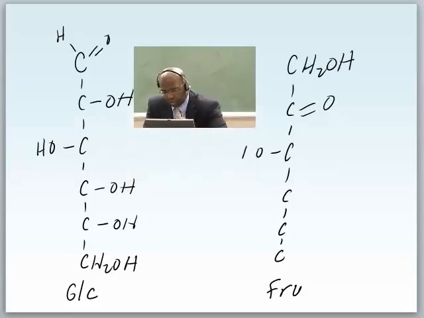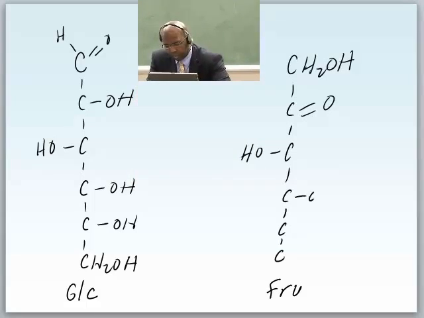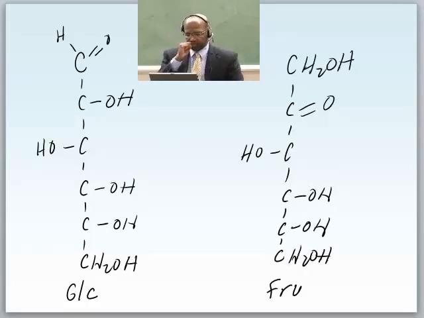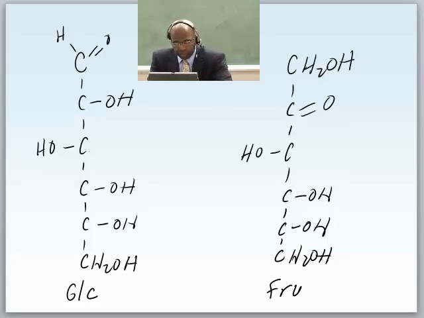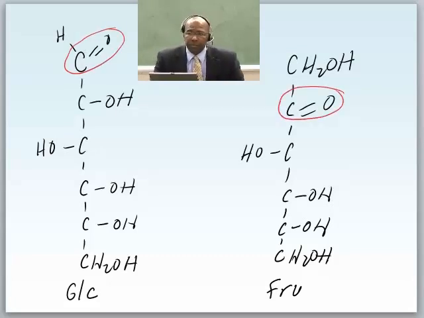So here we have OH here, OH here, OH here, and CH2OH. The only difference is for glucose, the carbonyl is on carbon 1. For fructose, the carbonyl is on carbon 2. That's the only difference. They're brother and sister.